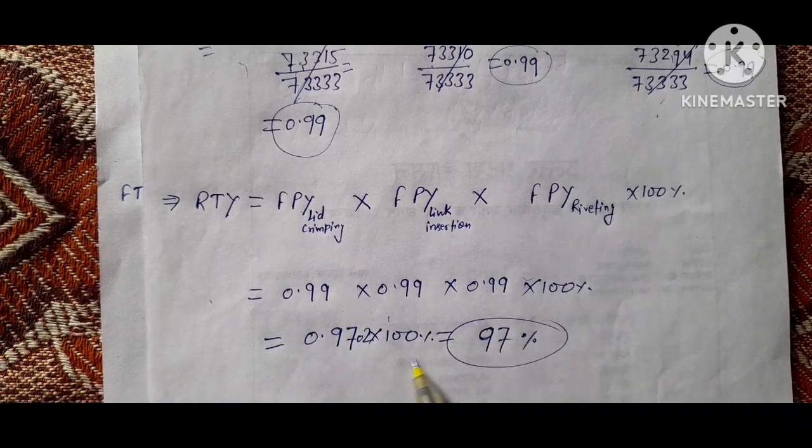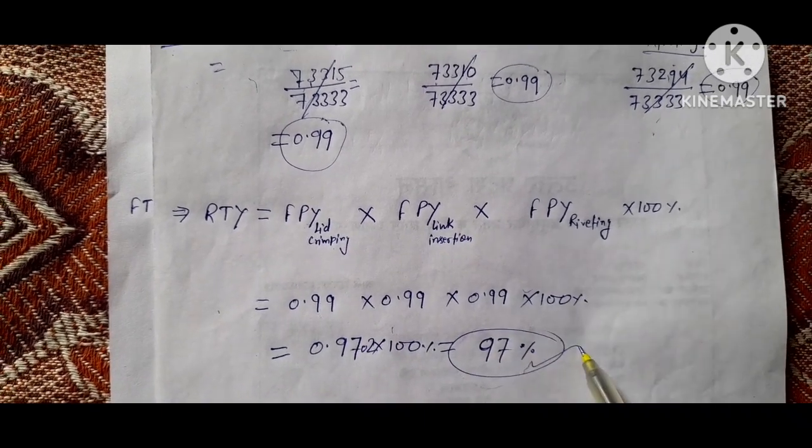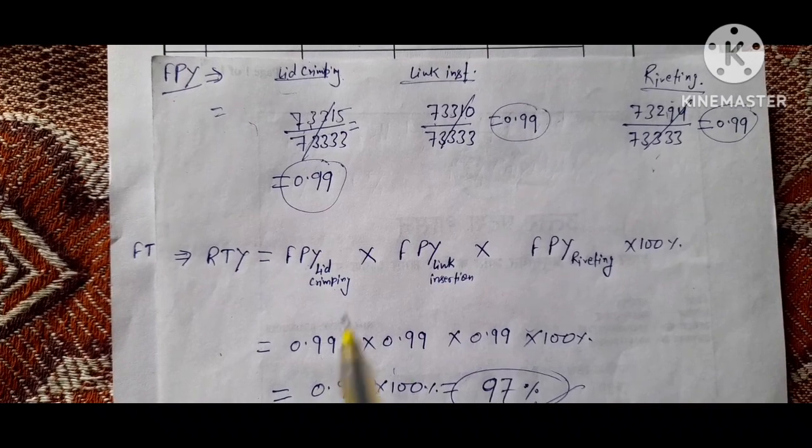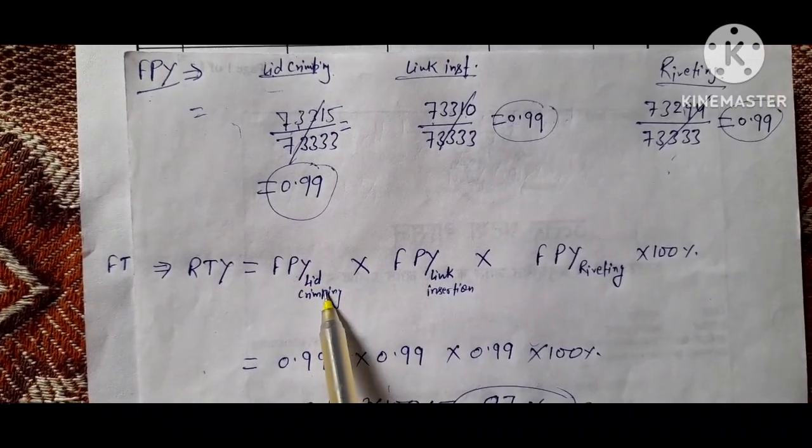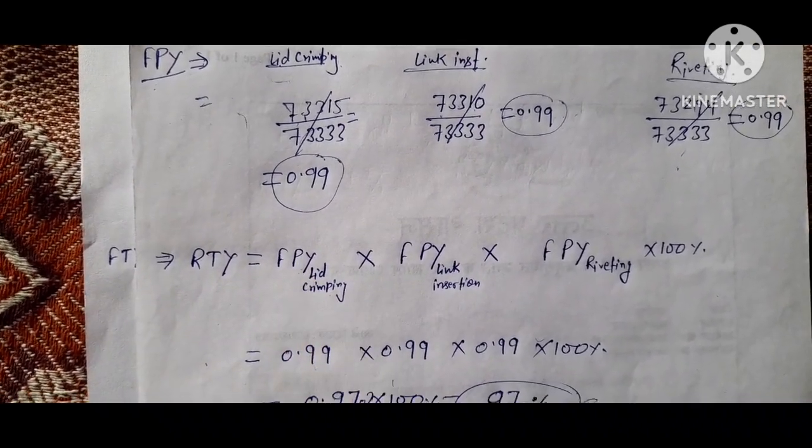After calculation we get 97% RTY in case of calculating first pass yield.